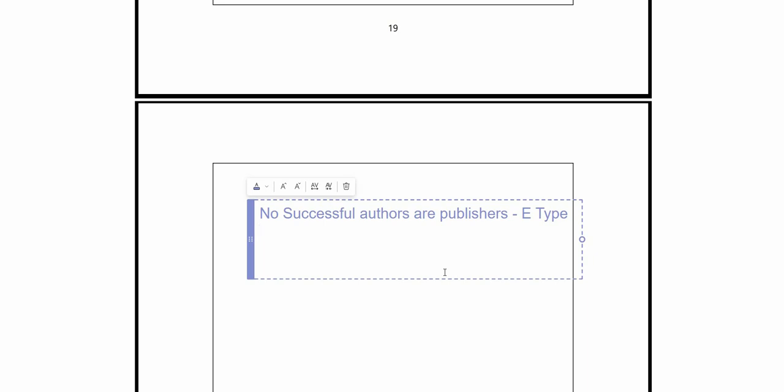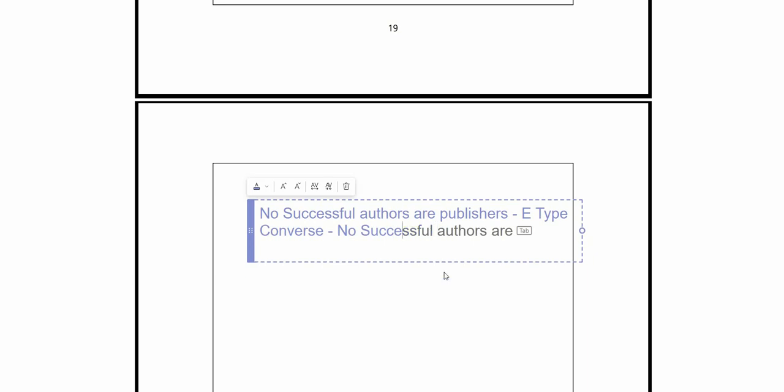Now, no successful authors are publishers. First we have to do the converse of this. In converse, E type goes into E only. So no successful... In converse we have to interchange the subject and the predicate. So no publishers. Here the predicate will become the subject.